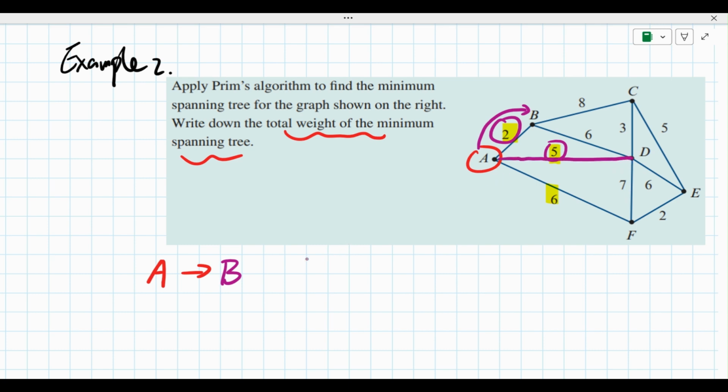So now we have A, B, and D. The smallest weight from A, B, and D is from D to C.